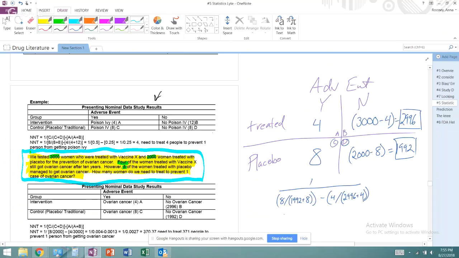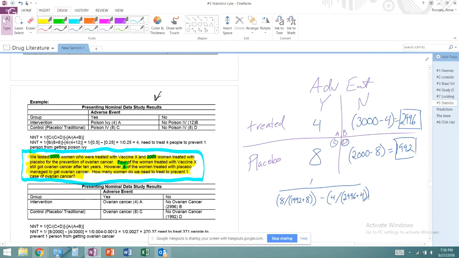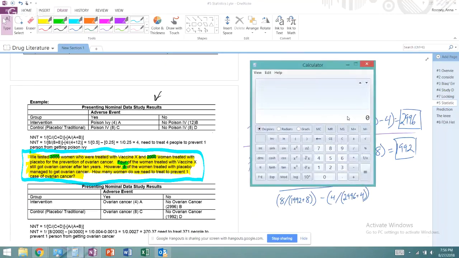So then you have 8 divided by 2,000, because 1992 plus 8 equals 2,000.